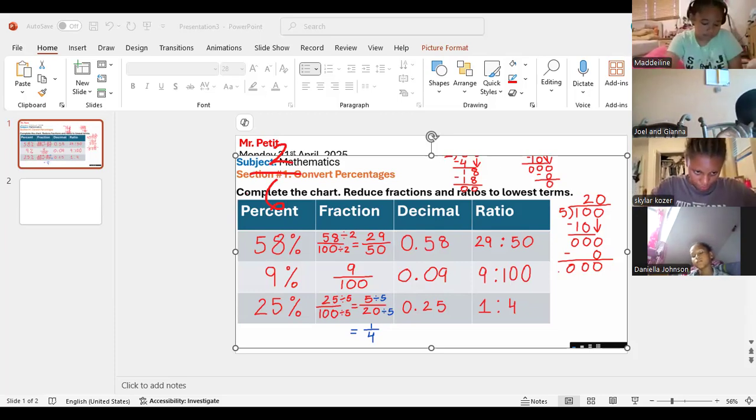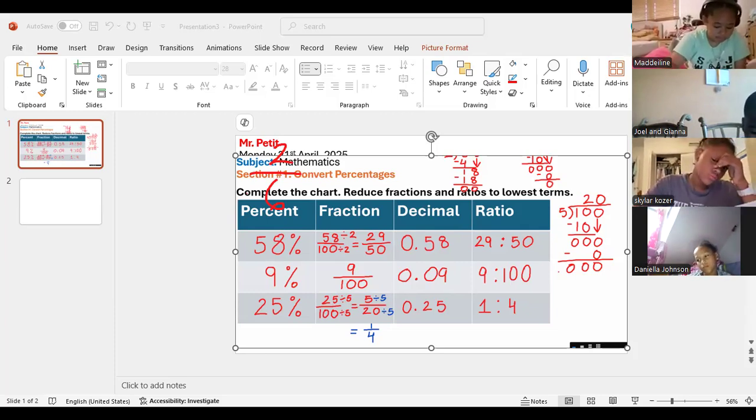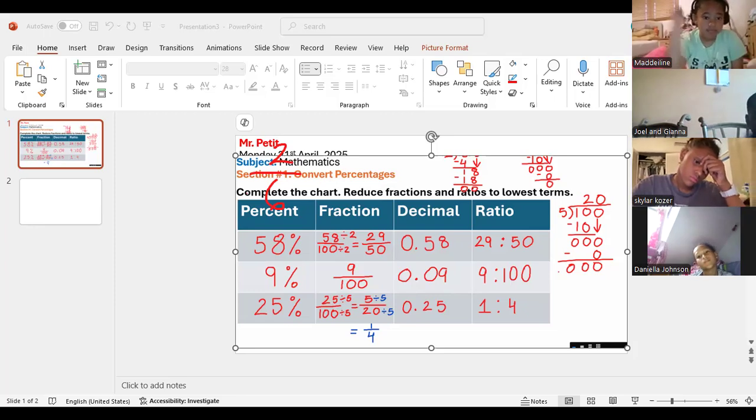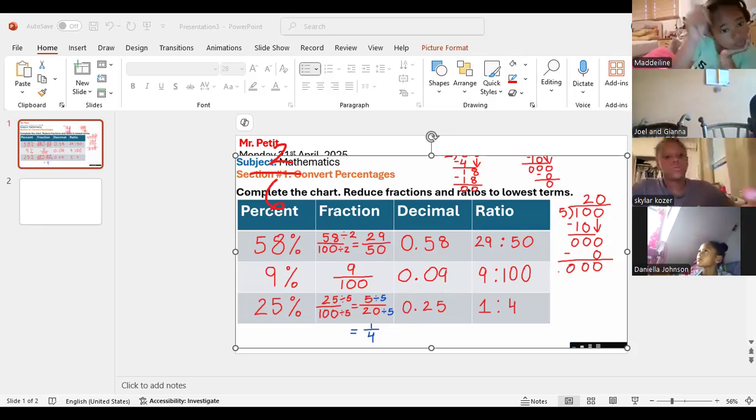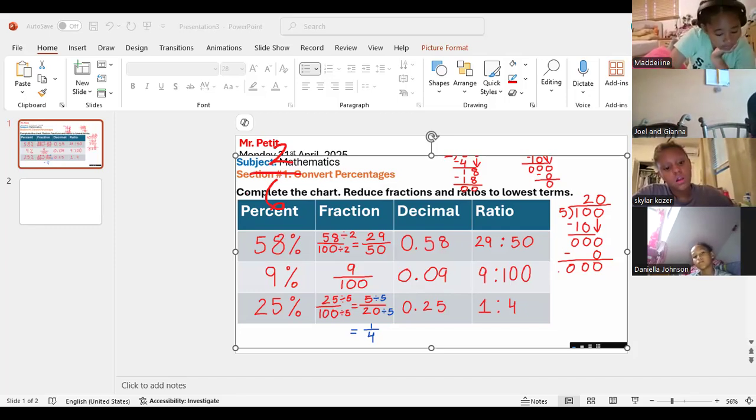That's the question they're asking you. So think about it. Is there any number that can go into 2 and 6? Do you know a number that could go into 2 and 6?